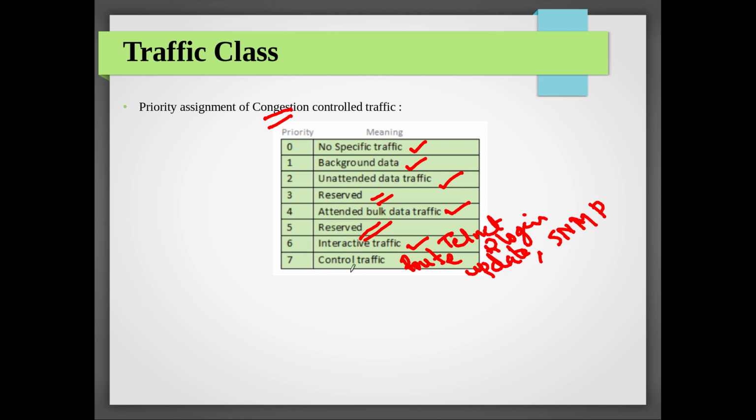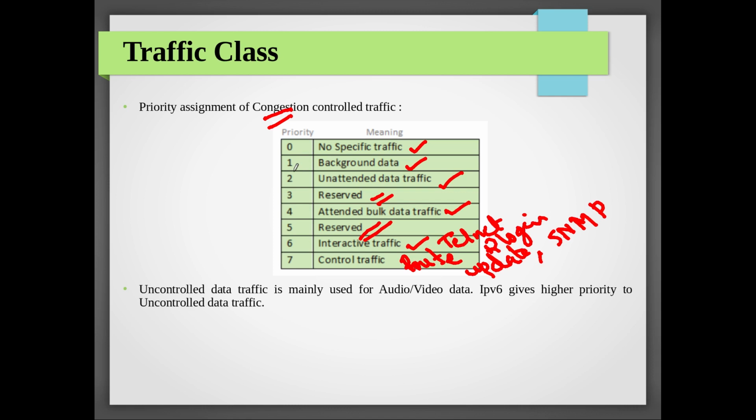All those control traffic are given higher priority within this set. Okay. So here we assume all are coming under the congestion controlled traffic. Now what about the remaining priorities, that is 8 to 15? That is given for the uncontrolled traffic.